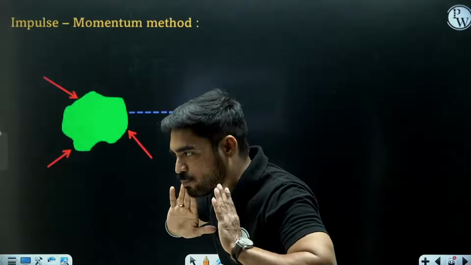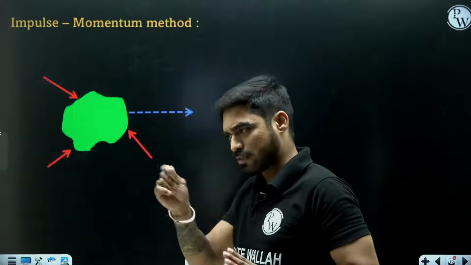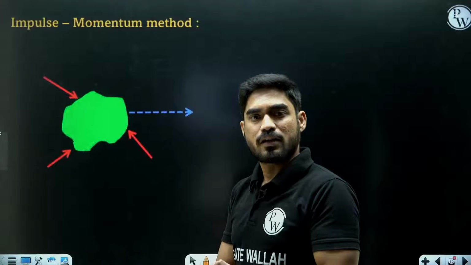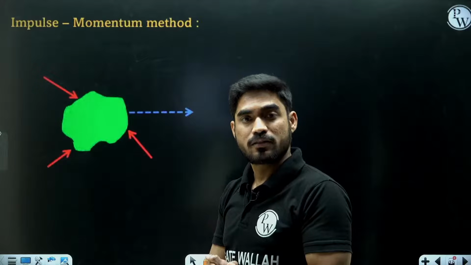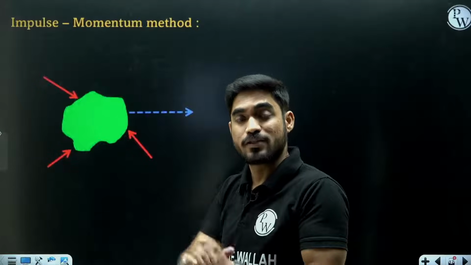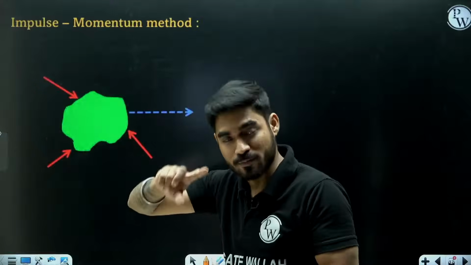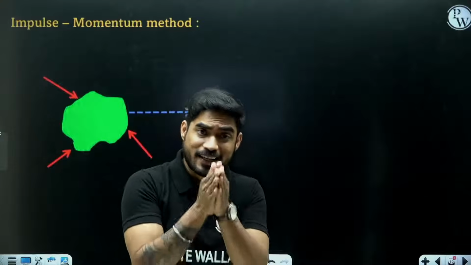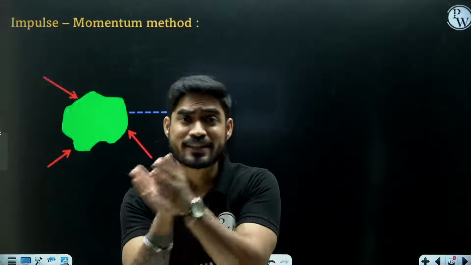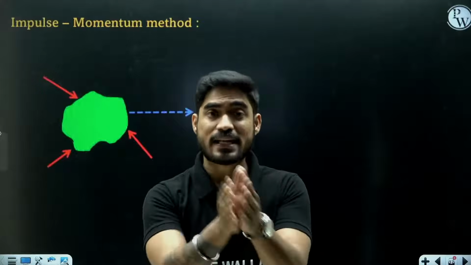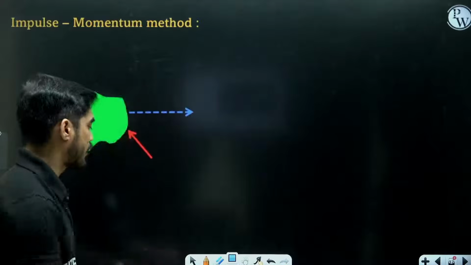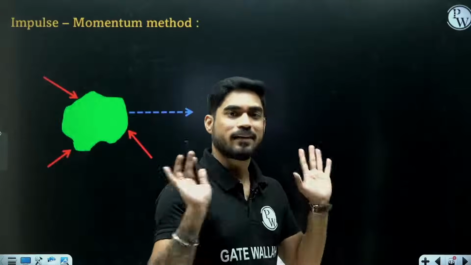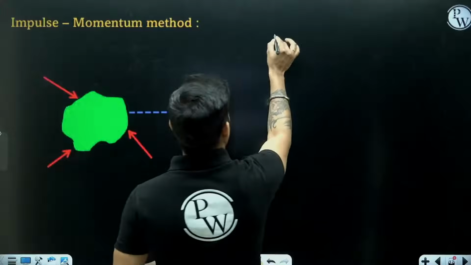Now when I pushed it for some time, let's say 1 second, and then I left it, I gave impulse to that box, and that impulse is going to change the velocity of the box from 0 to, let's say, 10 meter per second. Now there is a relation between the force and the impulse and this momentum. Understand from where this relation comes. This relation also comes from Newton's law only.